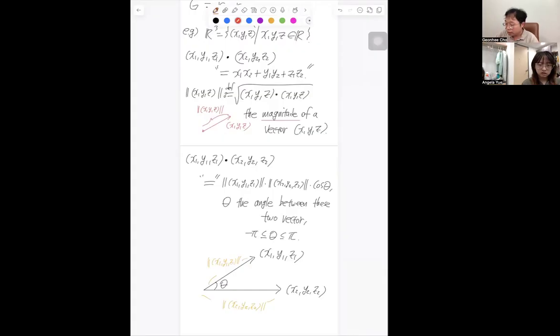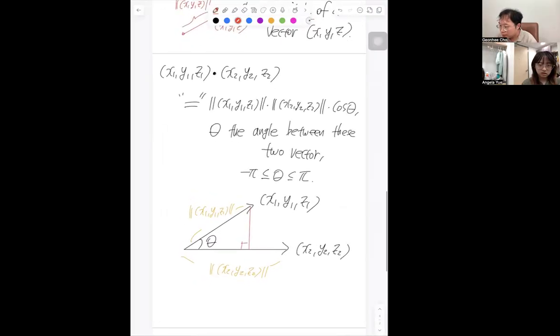So what you can do is take the orthogonal projection here. Please tell me, what is this quantity? I assume you know the definition of sine and cosine. Cosine of theta.